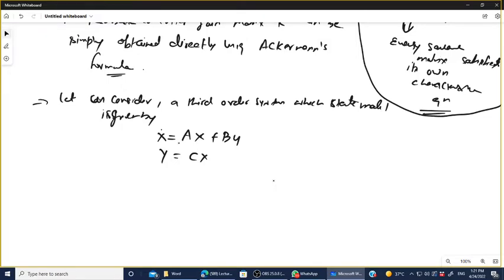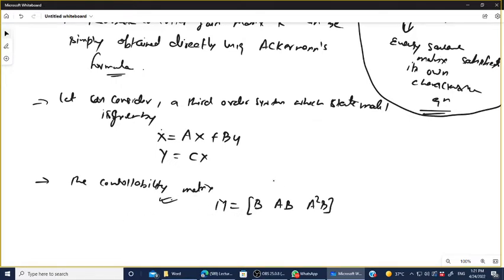If the system is not controllable, you are not able to design the feedback controller. So first, as a necessary condition, we form the controllability matrix M. Since it is a third order system, M is B, AB, A square B, and for the system to be controllable, the M matrix must have full rank.